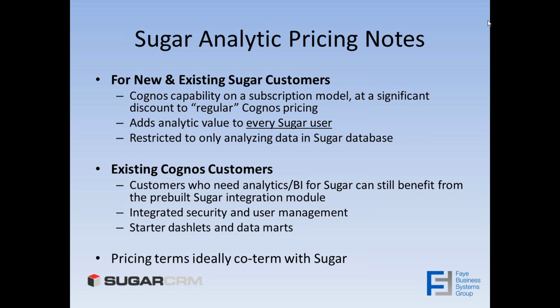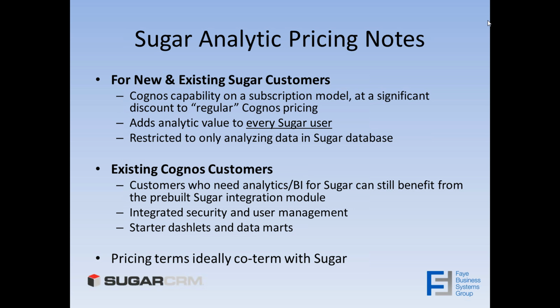And the last point I'll make, which is business as usual, is that Sugar Analytics ideally would be priced to be coterminous with Sugar. So we would essentially just line up the renewal timeframes so that everything renewed together.